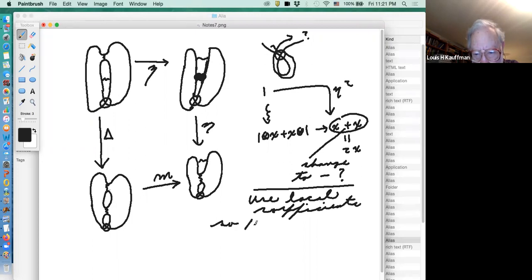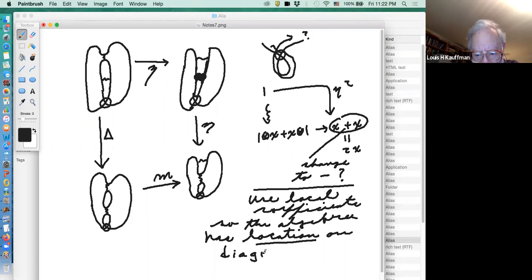So the algebra has location on the diagram. And then I'm going to try, which turns out to be wrong, but it's a nice try, so it's worth showing it to you.